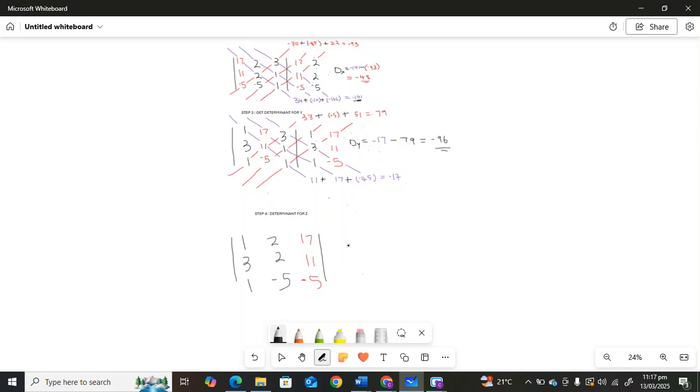The first two columns are the ones moved outside. Yes. No, it's okay, sir. It's part of learning.